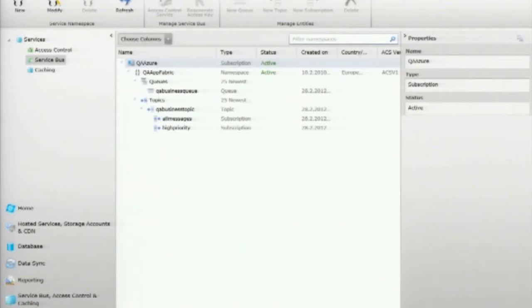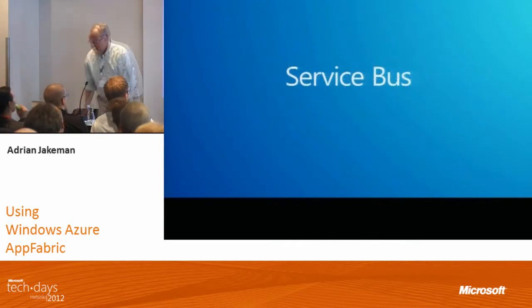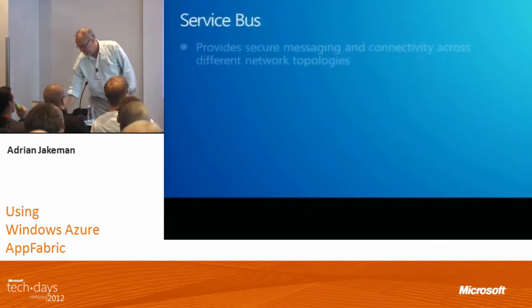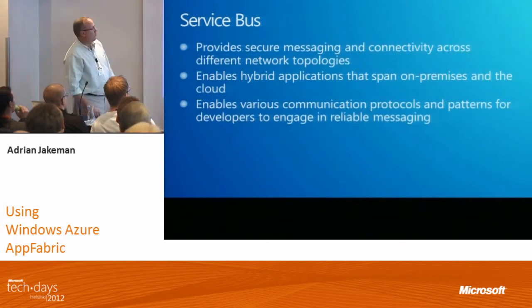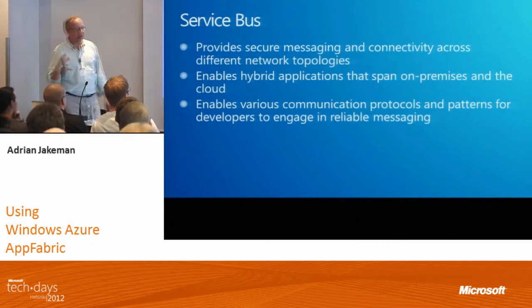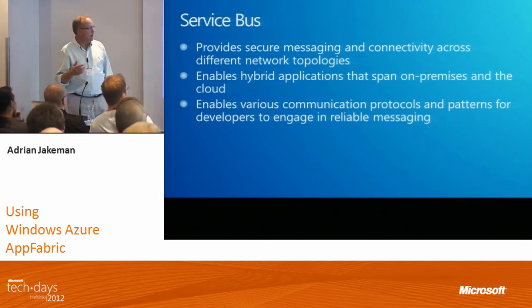So, when I go back to my PowerPoint over here, let's start with the service bus. The service bus really provides us with a number of mechanisms for secure, reliable messaging and connectivity across cloud-based applications or between on-premise applications and cloud-based applications.